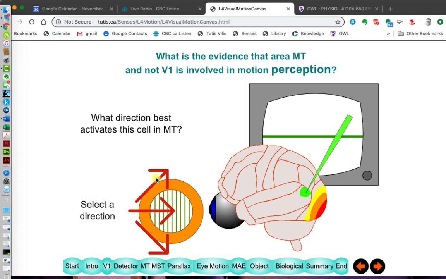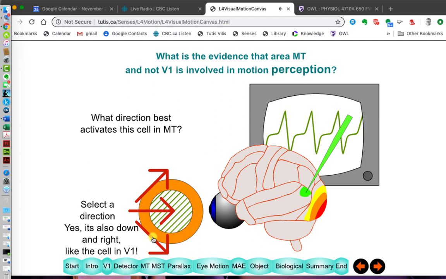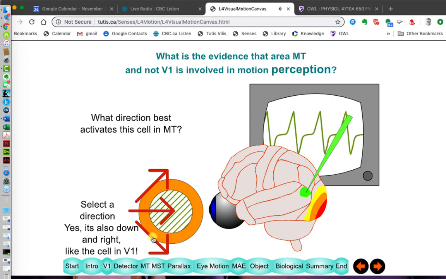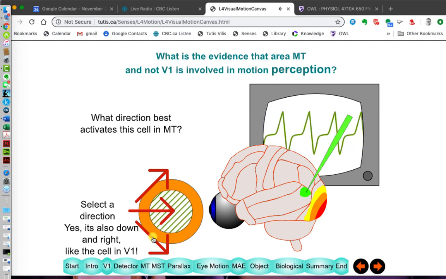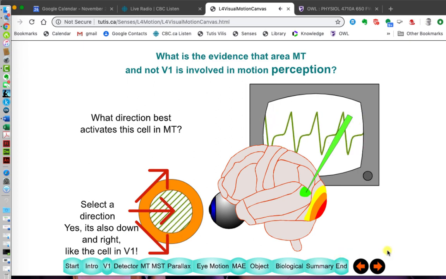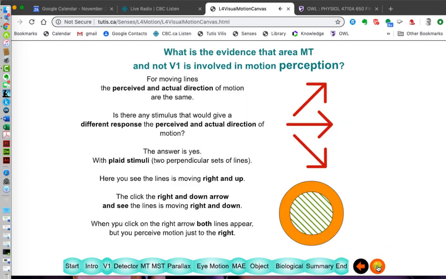It doesn't sense this. It doesn't sense this. It, by luck, fires for exactly the same direction of motion. Okay, so both structures fire for that direction, and so we haven't solved the problem. We haven't figured out whether it's V1 or MT that senses motion.